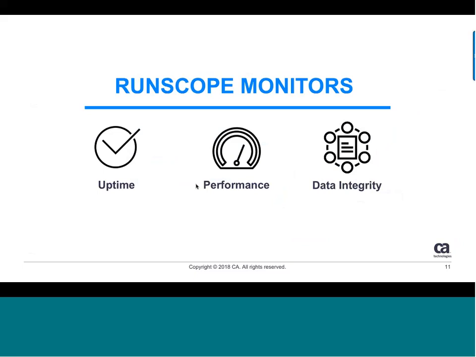Are they responding in sub-second time frames? What's the performance in different geographic locations? And then what's the integrity of the data that's actually coming back? Is that the right data? So these are three key pillars that Runscope makes it very easy for you to monitor.